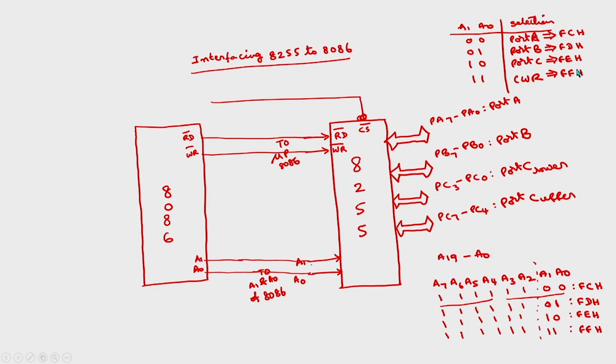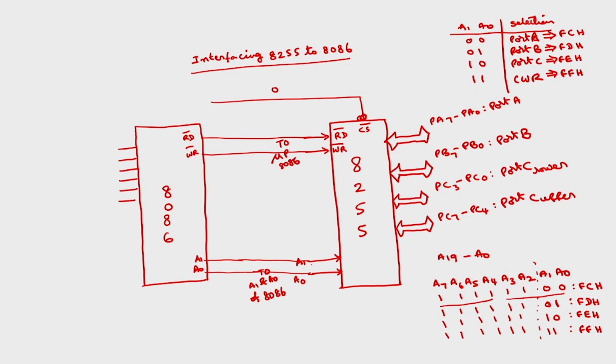Okay. Now how to select this chip select signal? So you have to connect this A2 to A7. So I am taking A2 to A7 of this microprocessor, A2, A3, A4, A5, A6, A7. If all are ones, this chip select should be 0. This should be 0 to select the chip. So if A2 to A7 are all ones, then the output of the gate should be 0.